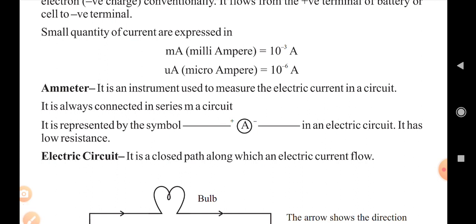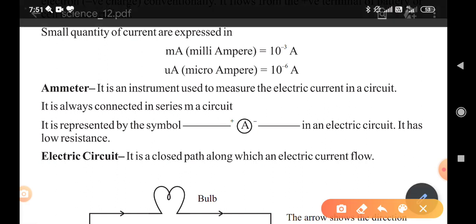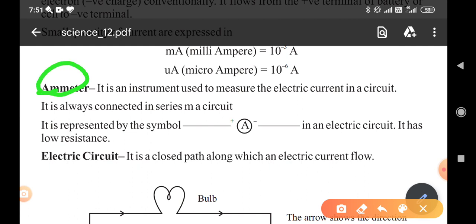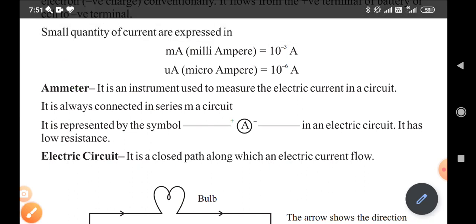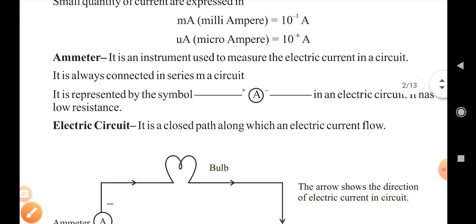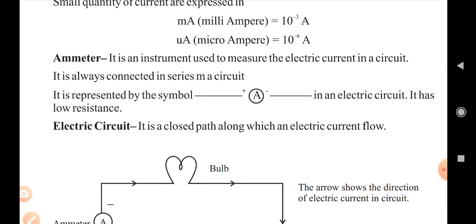Now let us learn about the device with which current is measured. That instrument is known as an ammeter. An ammeter is an instrument used to measure the electric current in a circuit. It is always connected in series in the circuit.